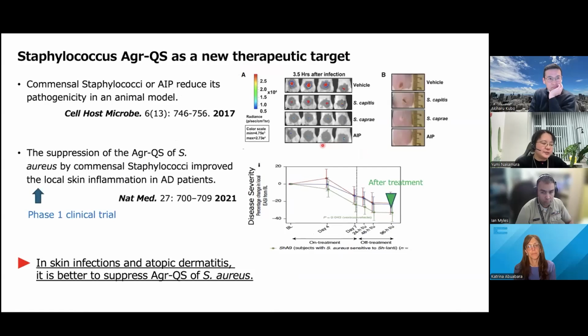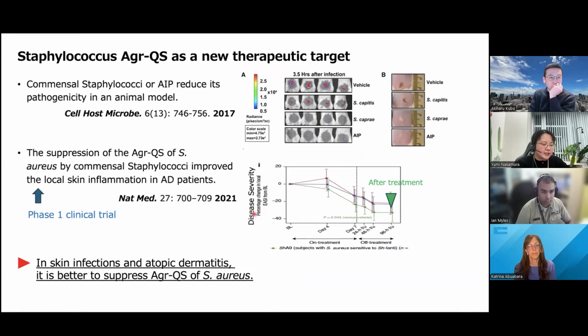Then some previous papers also demonstrated that the commensal AIP inhibits Staph aureus skin colonization in the mouse models and atopic dermatitis patient skin. This study demonstrated that mice infected with Staph aureus intradermally with commensal staphylococci or commensal AIP showed reduced skin ulceration.